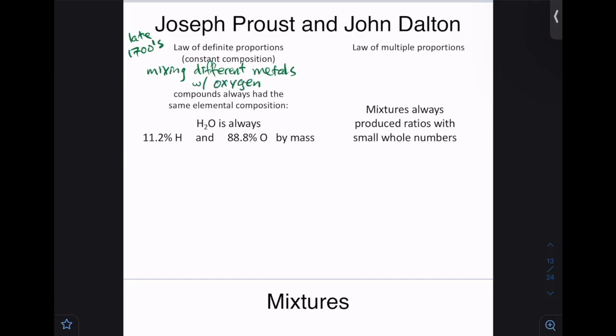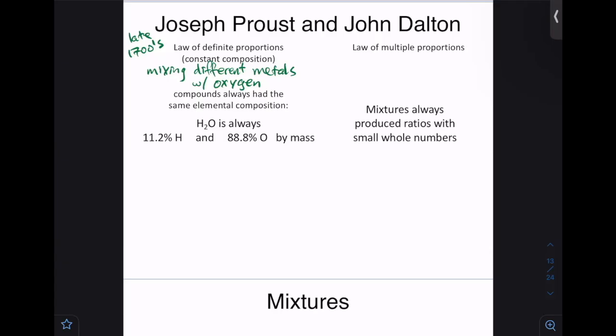And analyzing the results and learning some pretty interesting things about the results. Mostly that they were always in the same proportions. For example, H2O. Doesn't matter how much H2O gets analyzed. When you mix hydrogen and oxygen, you make H2O, and it's always going to be 11.2% hydrogen and 88.8% oxygen if you were to measure it by mass.